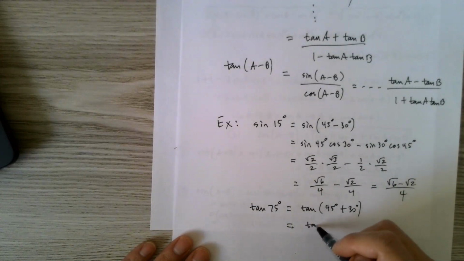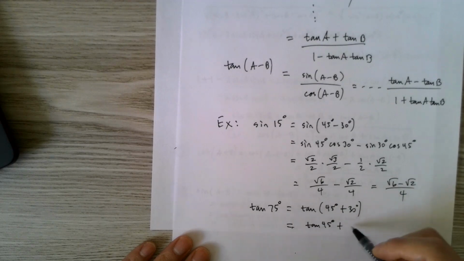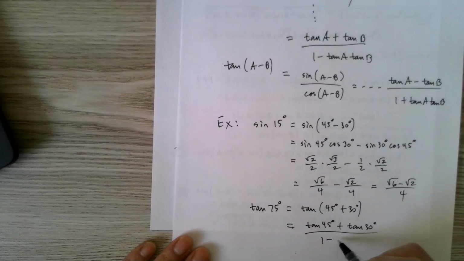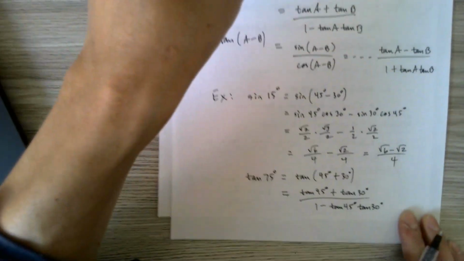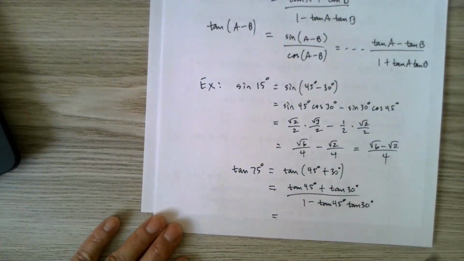So that's tan of 45 plus tan of 30 over 1 minus the product of tan 45, tan 30. And then plug in all my values.